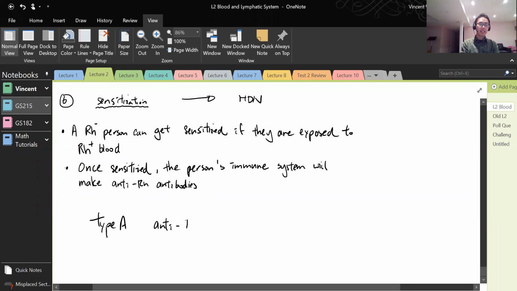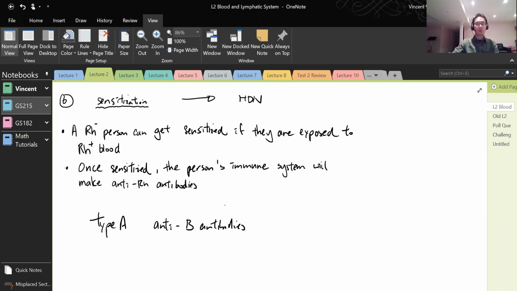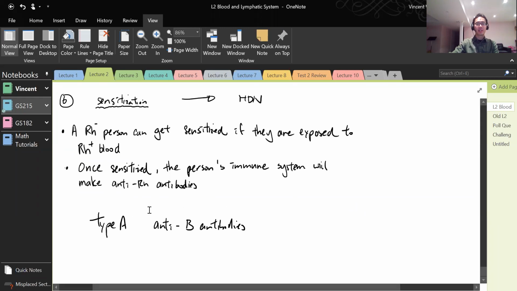Yeah, you're going to have anti-B antibodies. For the purpose of what we're talking about, when you are born, you will automatically have these anti-B antibodies. And if you are type B, you would automatically have anti-A antibodies.